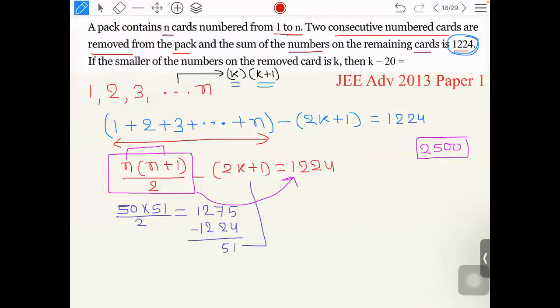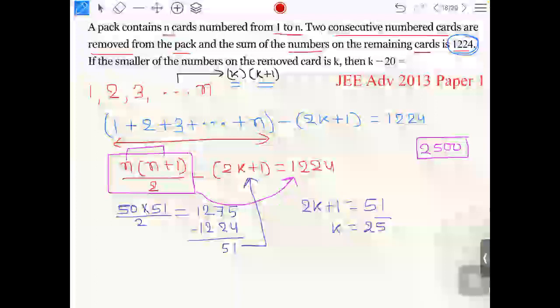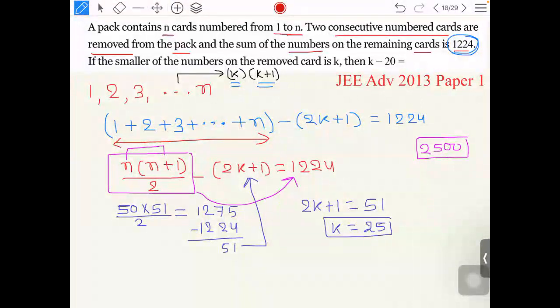This 51 is contributed by 2k plus 1. That means 2k plus 1 is 51, and k is 25. That means the value of n is 50, k is 25 and k plus 1 is 26.